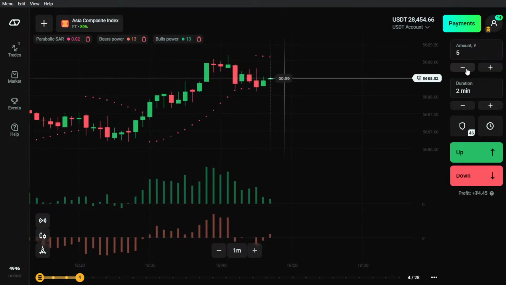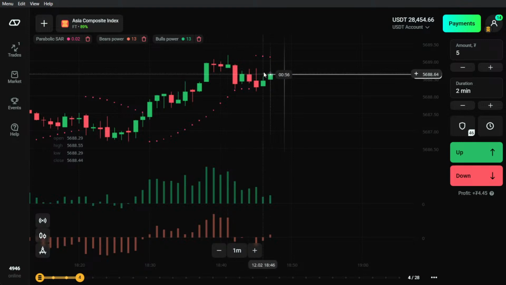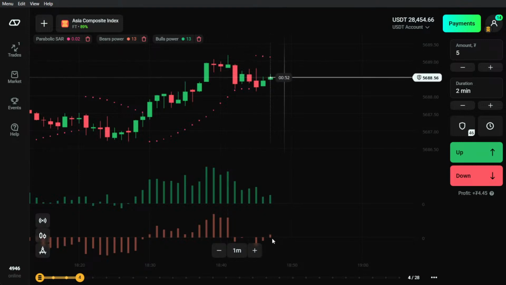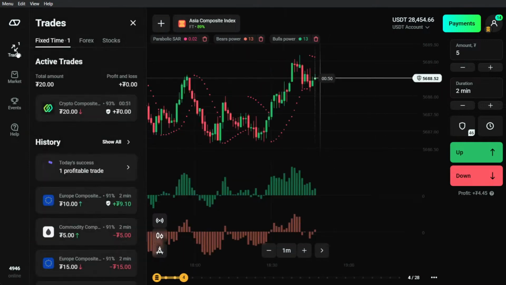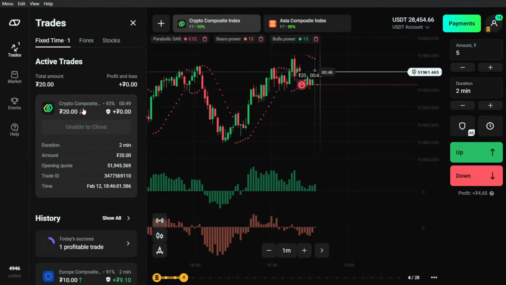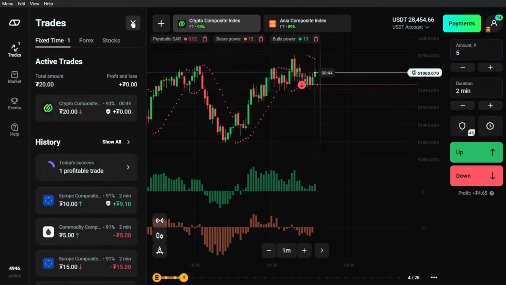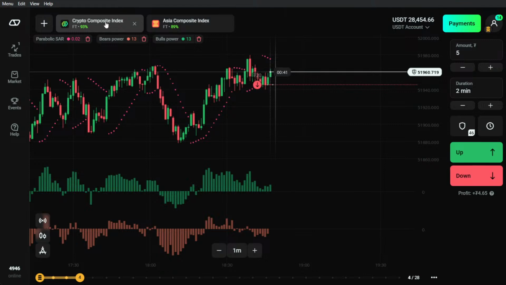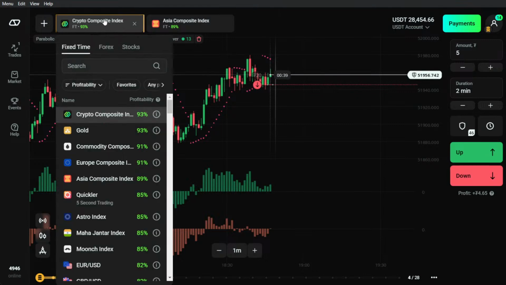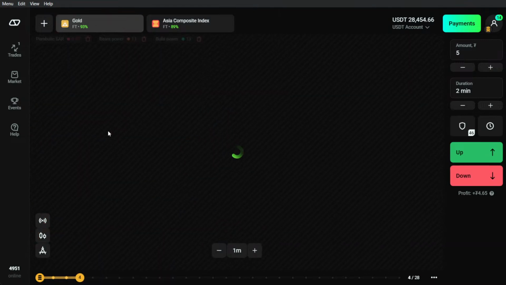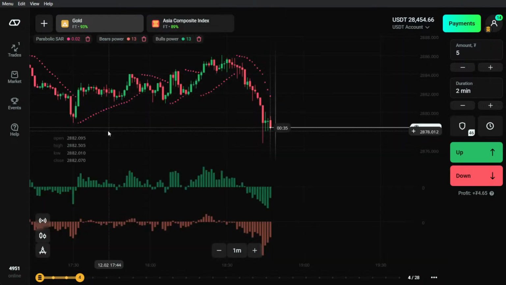Again you see the parabolic is saying downtrend, but the graph is not saying a downtrend over here. Can we change strategy instead of assets? You can change strategy, but do not be very adamant about assets, Vicky, because if you give yourself more options, more opportunities would come your way.